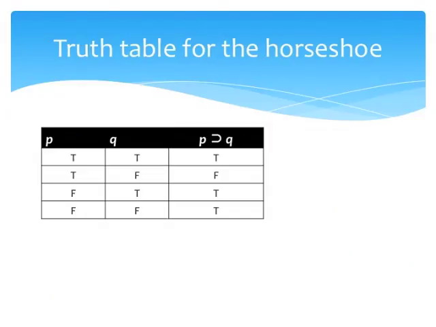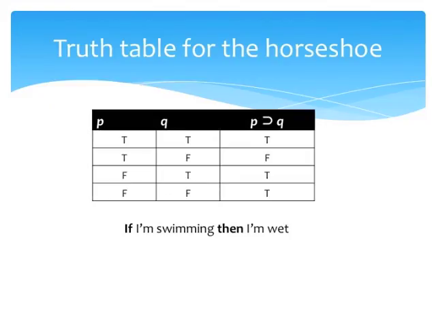The convention in propositional logic is that whenever the antecedent is false, the whole conditional is going to be true. This might sound a little odd, but it works. And it does make sense. What we want to capture with the horseshoe is the kind of sentence that is going to be false when the antecedent is true and the consequent is false.